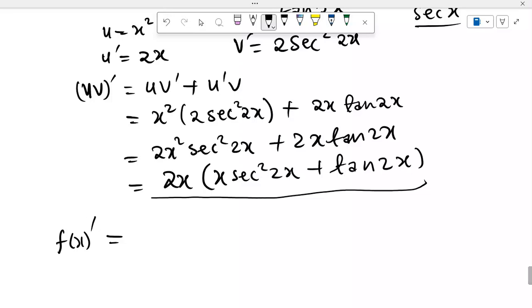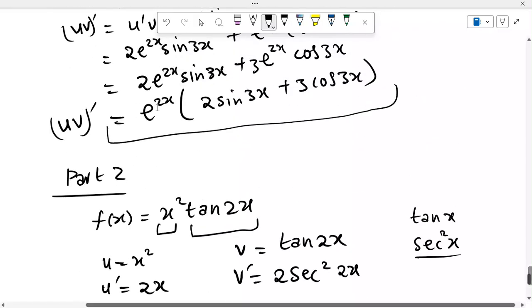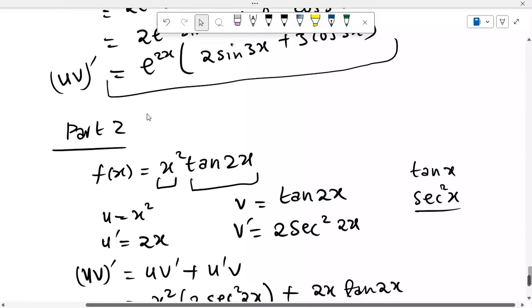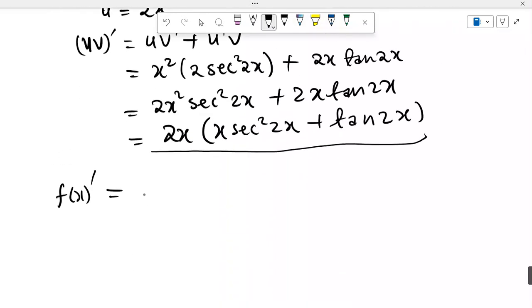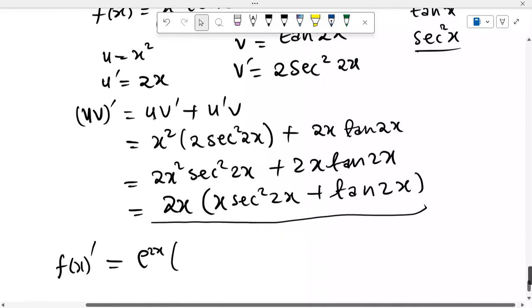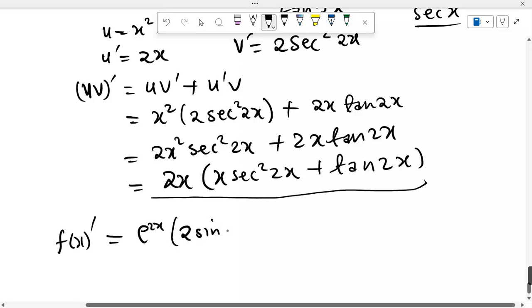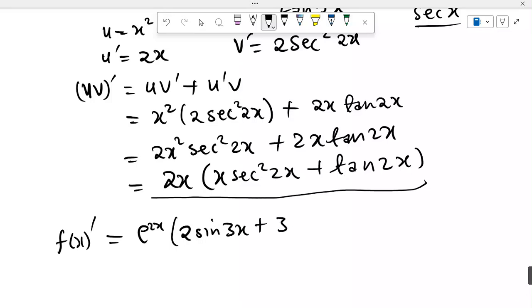Now let's take our first part: e to the power 2x times (2 sine 3x plus 3 cos 3x).